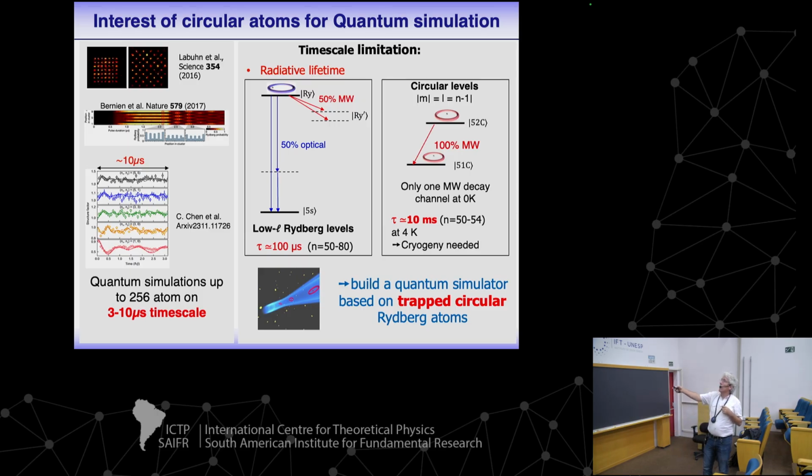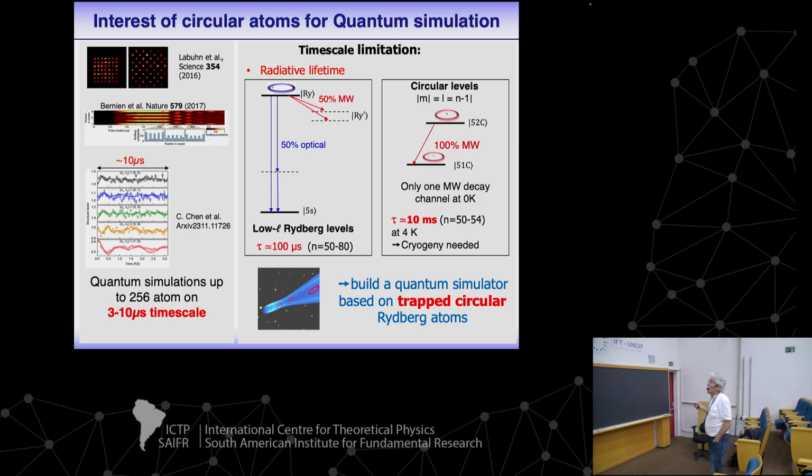Blackbody radiation dominates this microwave transition, and half of the lifetime is related to that. Which means that if you cool down the setup in order to get rid of blackbody radiation, you win a little bit of lifetime, but you don't win more than a factor 2.